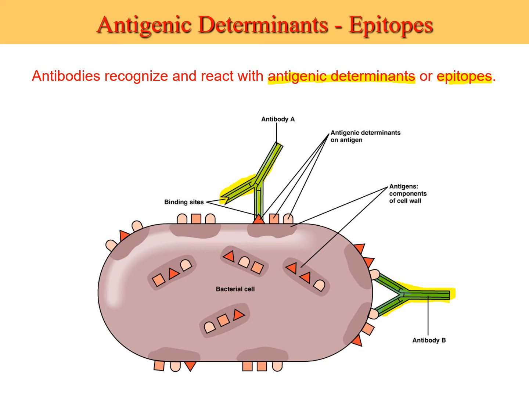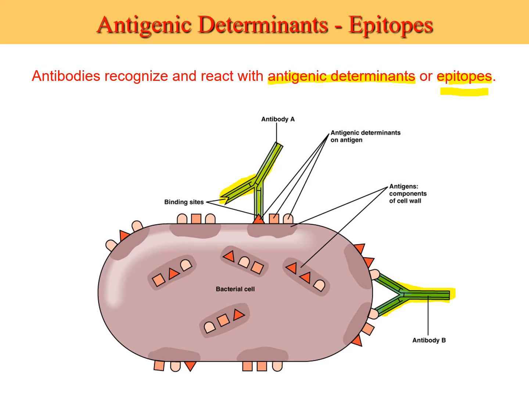But the idea is that a microorganism like a bacteria will have several different epitopes or antigenic determinants on its surface, not just one. There are many molecules, in fact, on its surface that are foreign to you and could trigger an antibody response. And for those antibodies, the overall molecule is a fairly complex molecule.